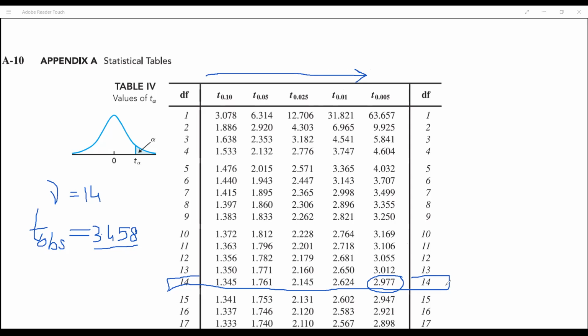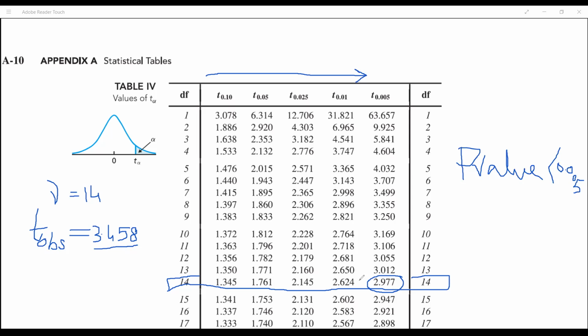So I do not have an accurate value of the p-value. I do not have the accurate p-value from this table because this number does not exactly match any number. But whatever the p-value will be, it will be smaller than 0.005. Why is it smaller than 0.005?